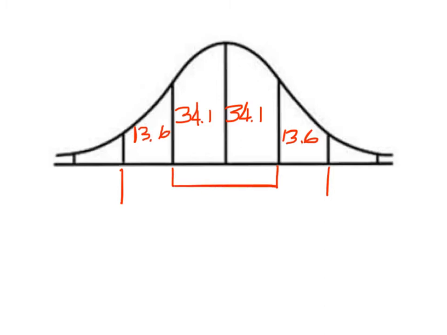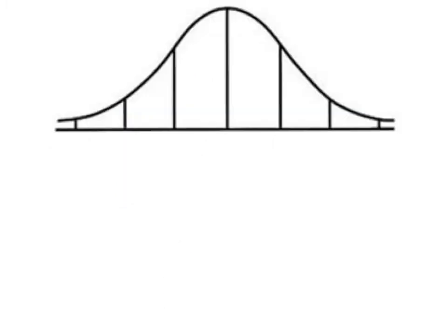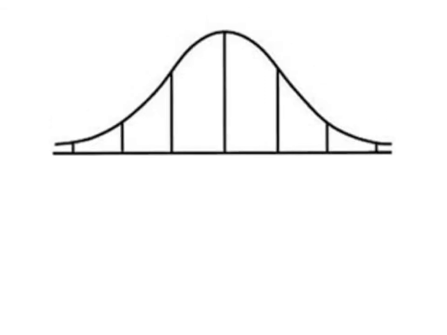So remember, we added these up and had 68.2. Now if we add in 13.6 and 13.6, that's the same as 27.2. Add those up and get 95.4.